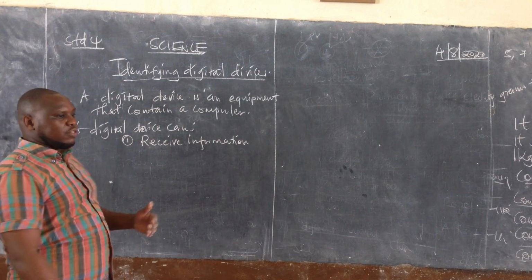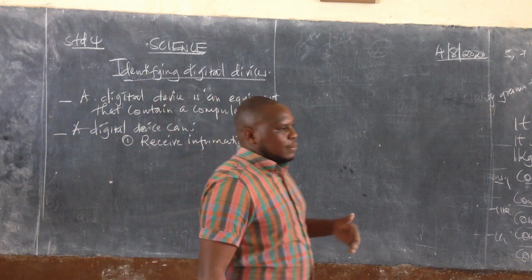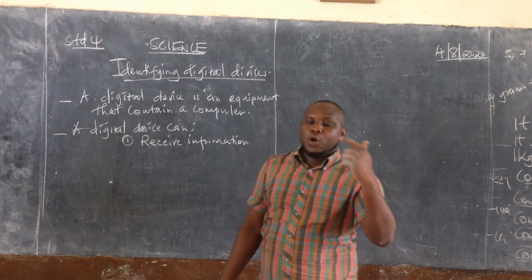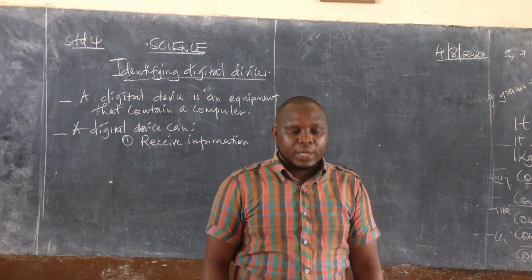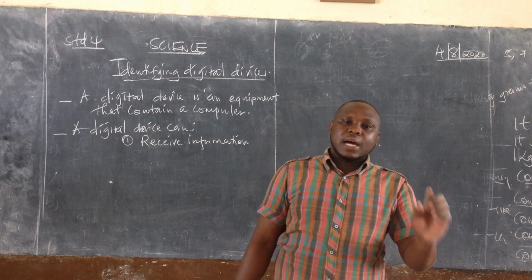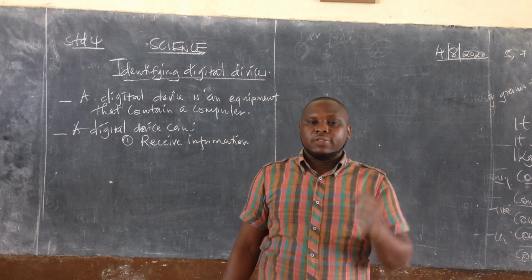What do you mean by receiving information, learner? Let me give you an example of a digital device, that is a phone, a telephone, or a cell phone, or a mobile phone. That is an example of a digital device.